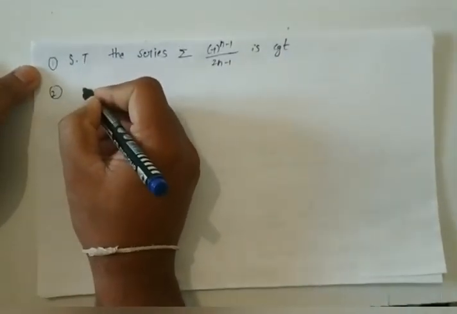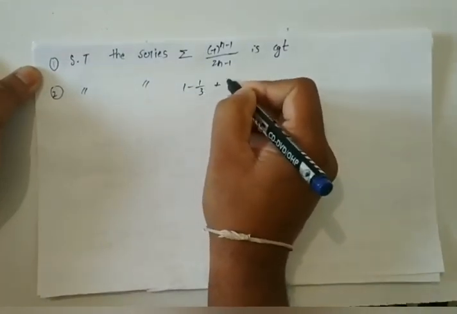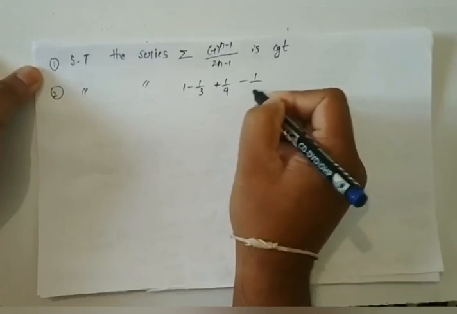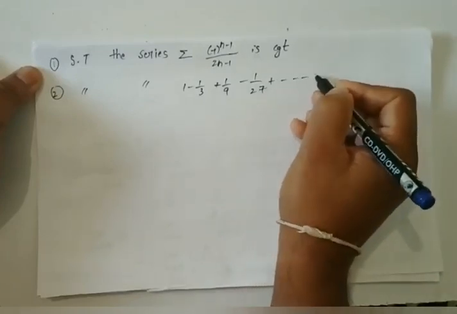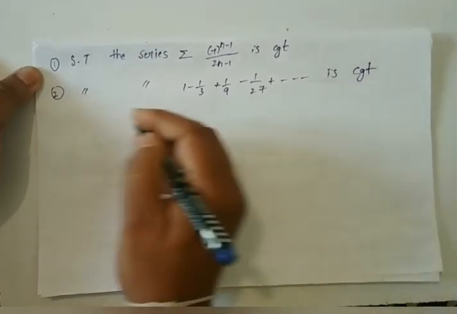Second one, show that the series 1 minus 1 by 3 plus 1 by 9 minus 1 by 27 plus and so on is convergent.